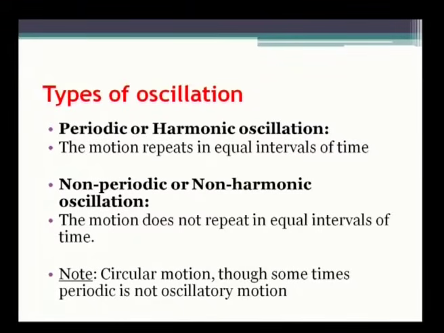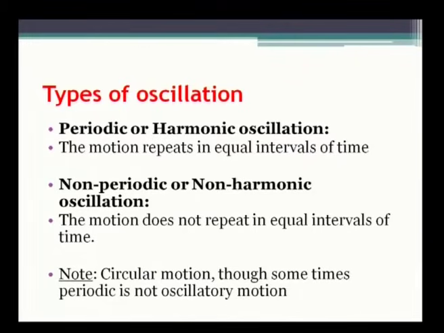And when we say periodic oscillation, it is different from periodic motion. Sometimes it appears as if a circular motion is happening with a uniform time period and it is repeating. If the time period is constant for a circular motion, we call that periodic motion only.